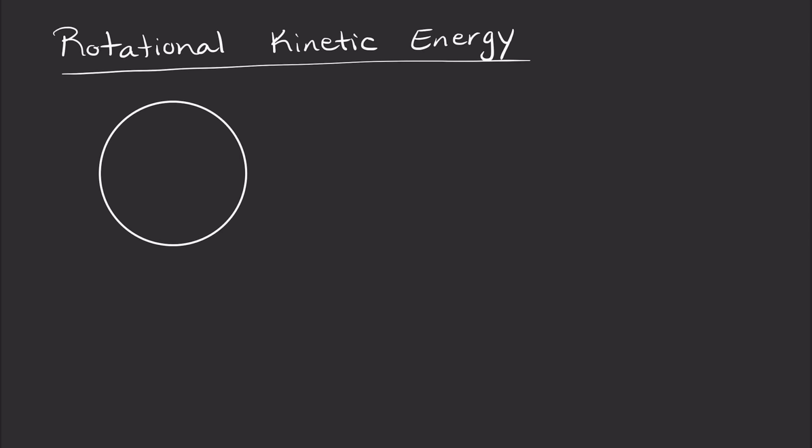So if we imagine we have some disk, so this is not a hoop or anything like that, this is a solid disk, and say we pick just a single particle, we'll call it particle A, somewhere along the disk, and it is some distance RA from the center, so it has some radius.